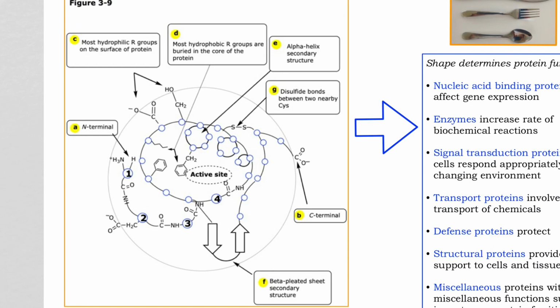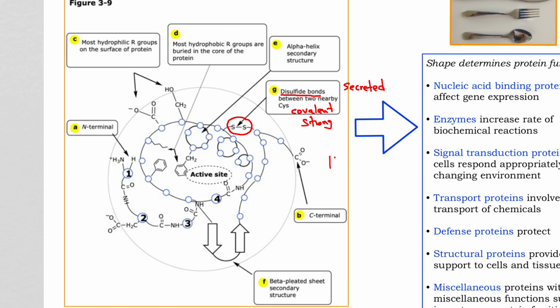Now, in some proteins, especially proteins that are secreted out of the cell, secreted proteins such as antibodies, insulin, and so on, there is another possible structure, and that's called a disulfide bond. This is covalent. This is very strong.